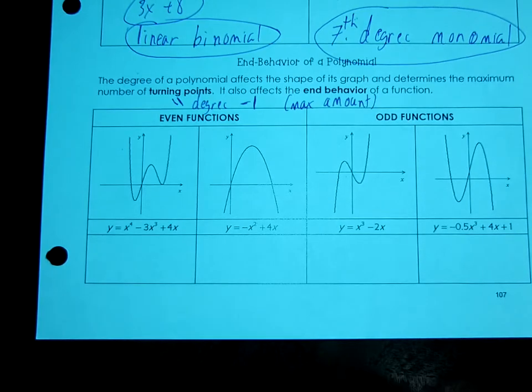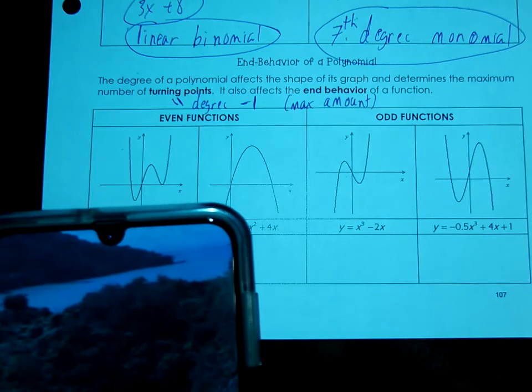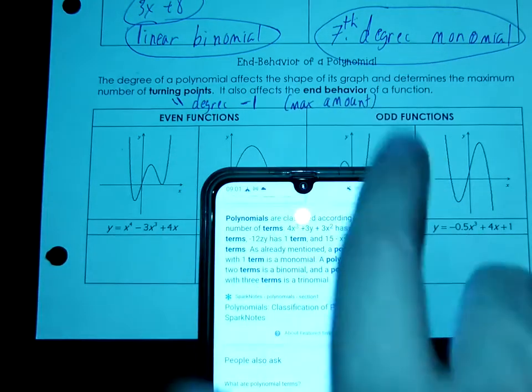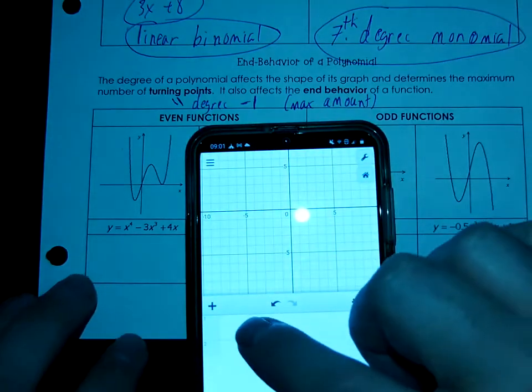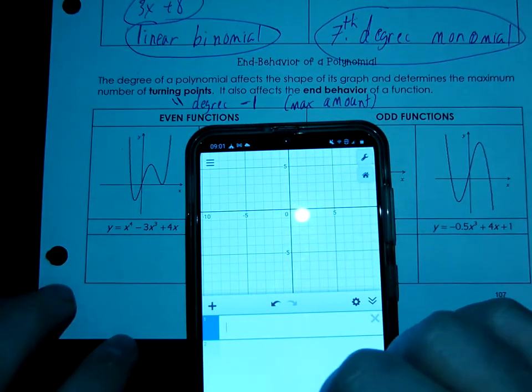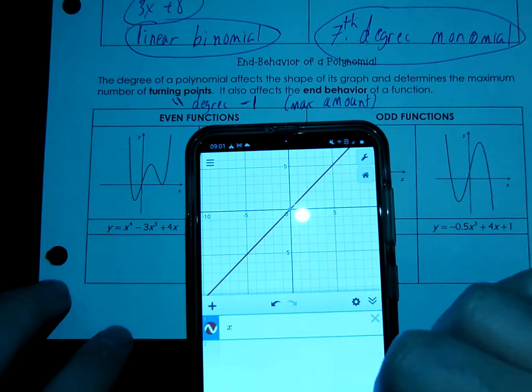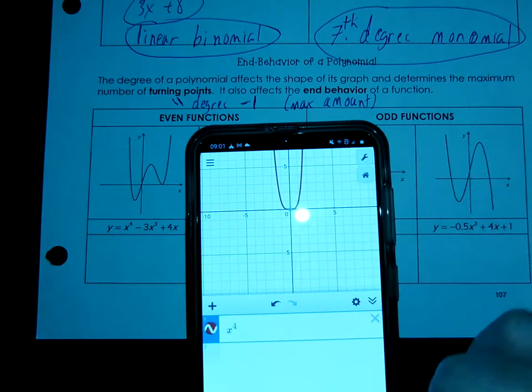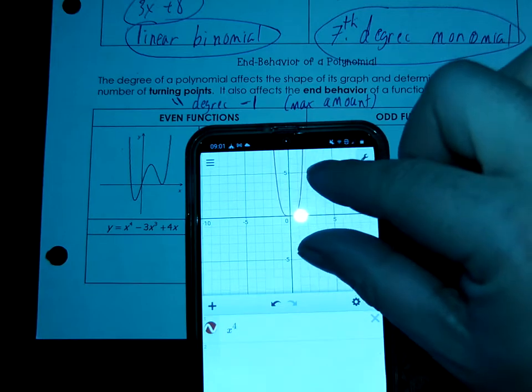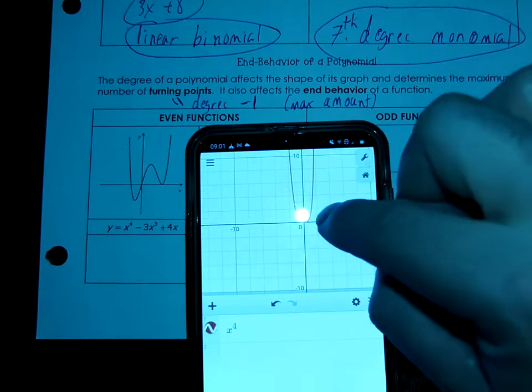For example, if I graph just the base x to the 4th function on my Desmos calculator here, it only has 1 turning point because it doesn't have anything else besides the x to the 4th in it.